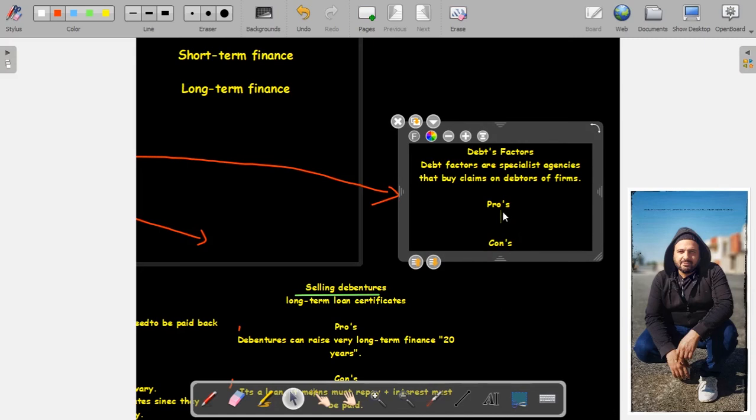The advantage is that you can get immediate cash available for you as a business.